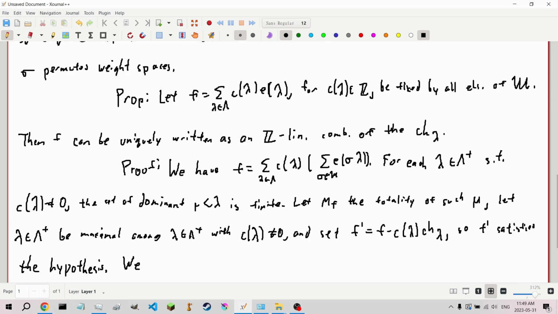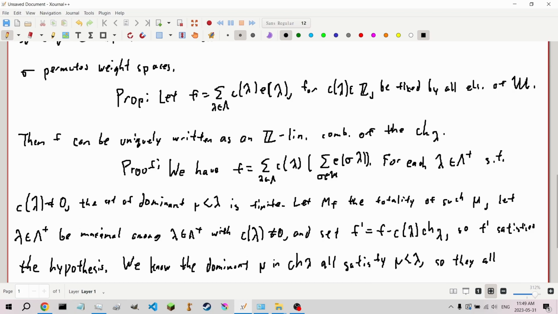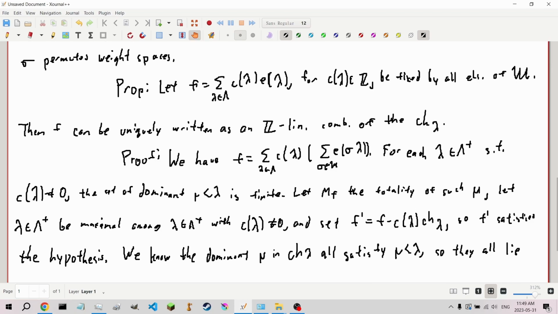We know that the dominant mu figuring in CH lambda all satisfy mu less than lambda, so they all lie in M of F.